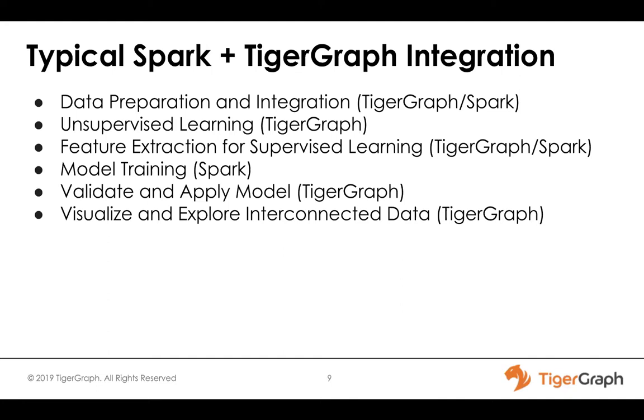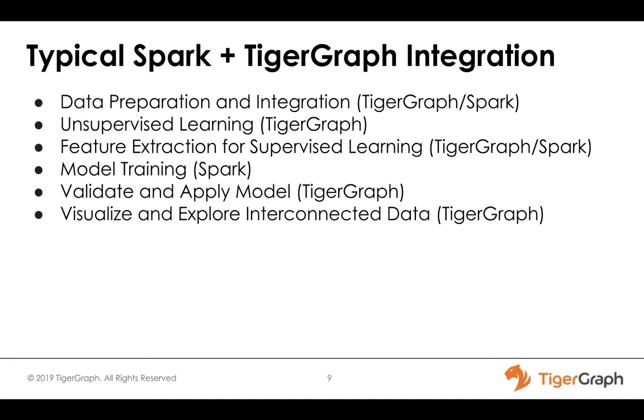The third aspect is feature extraction. This is where TigerGraph shines, for extracting the graph-based features for supervised machine learning. Of course, you can also use Spark to do the regular feature extractions. And the fourth aspect is the model training, machine learning training. Normally in the use cases that we're seeing, people use Spark to do the machine learning model training.